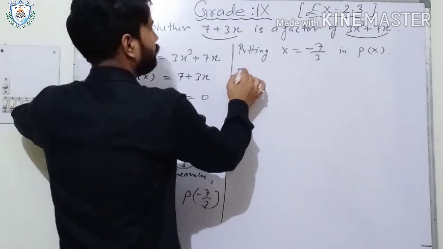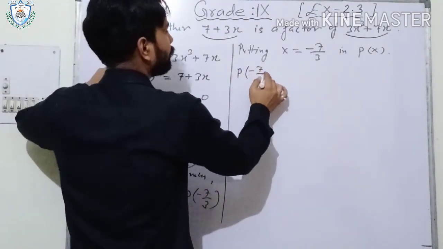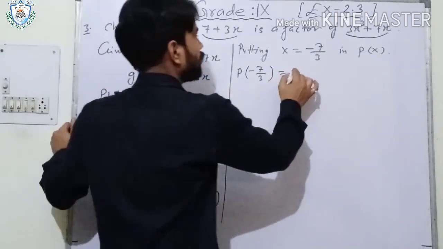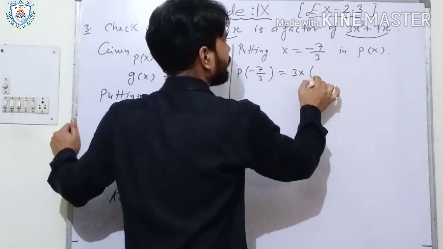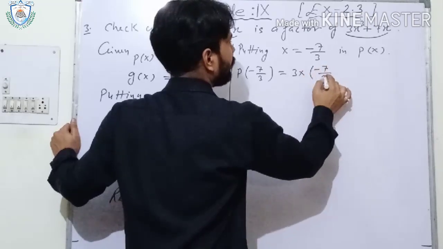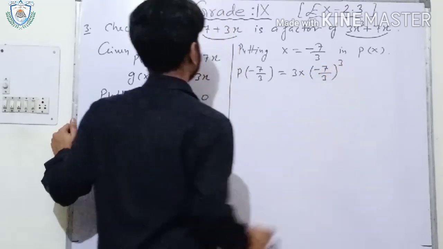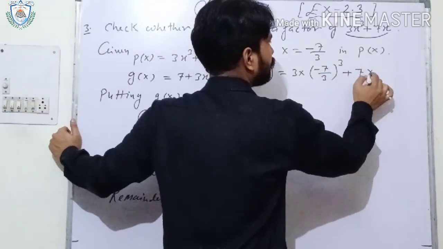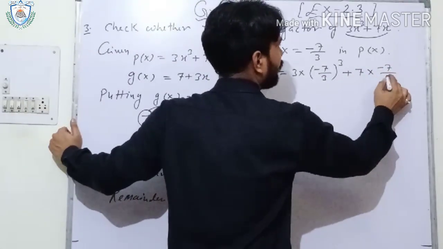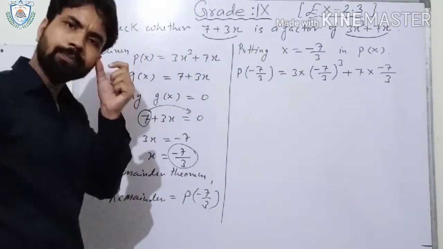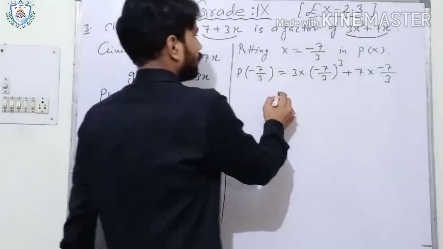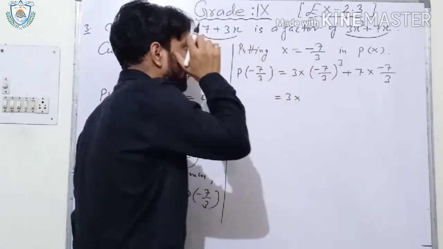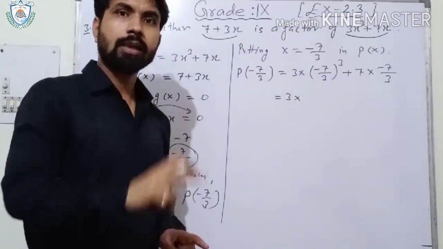So p of minus 7 upon 3 equals 3x cube, so 3 into x, which is minus 7 upon 3, to the power 3, plus 7x, so plus 7 into x, which is minus 7 upon 3. Clear? Now 3 into minus 7 cube. 7 cube is 7 into 7 into 7.